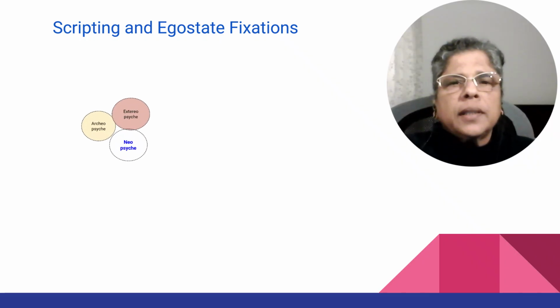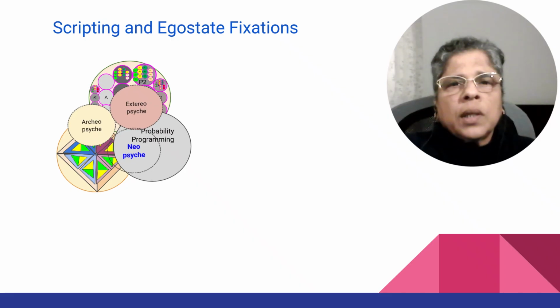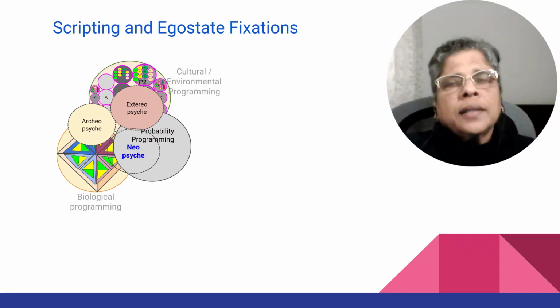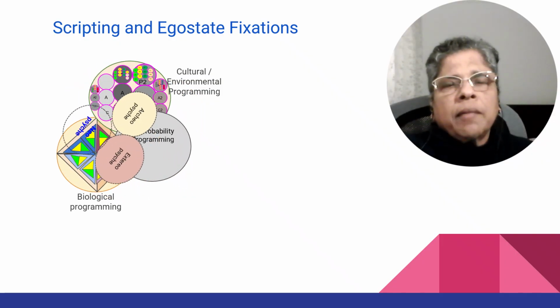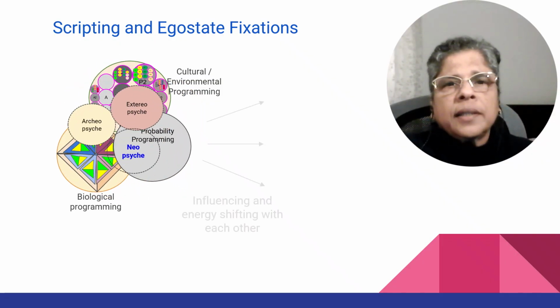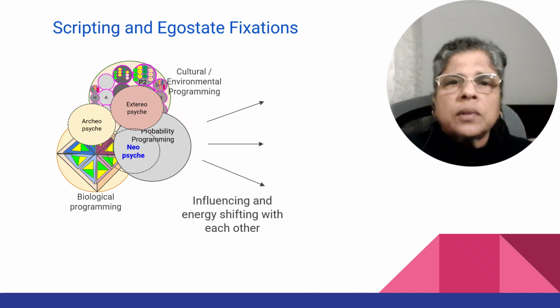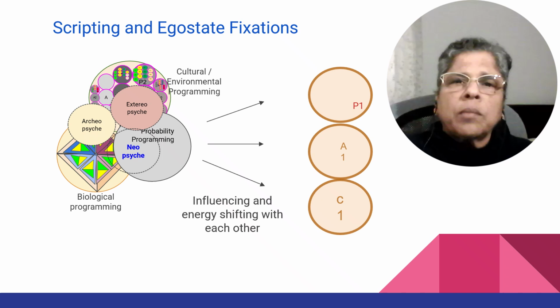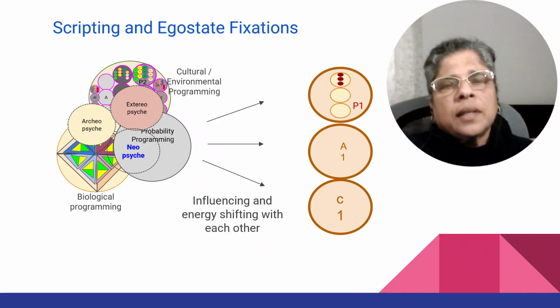This animation is an attempt to impress upon you the multiple factors that are involved in ego state development and the level of interactions that different factors go through. Multiple genes from multiple sources, multiple external influences from multiple sources, plus the probability skill or the neo-psychic skills that a person develops, and all these interact.